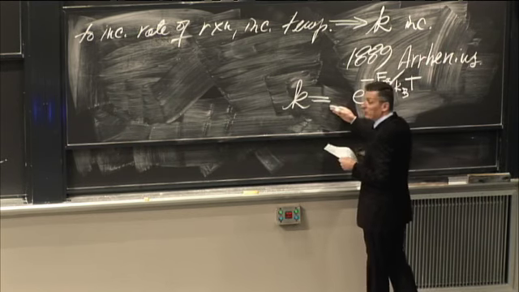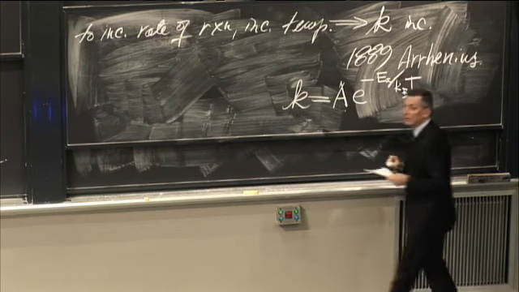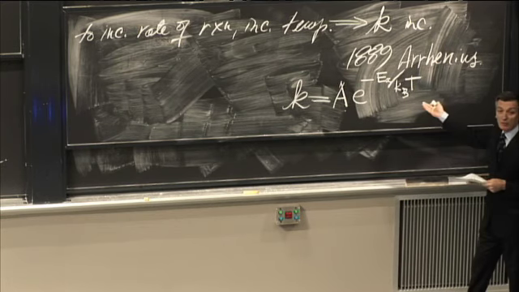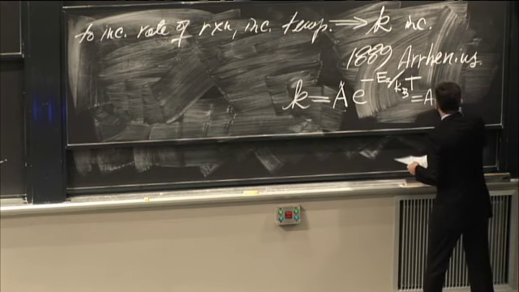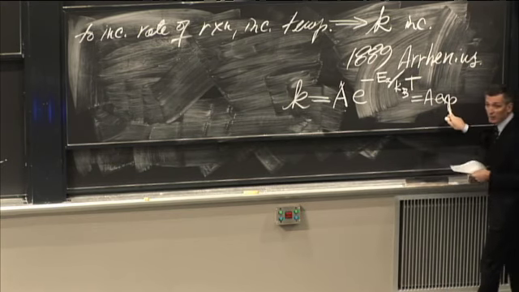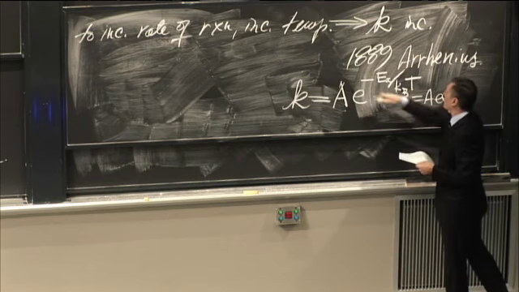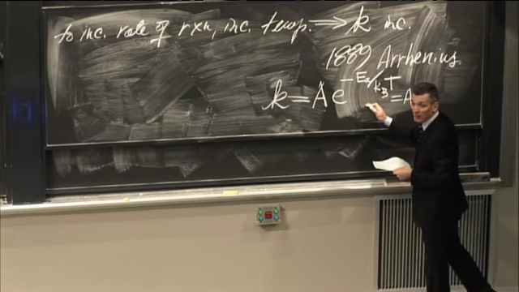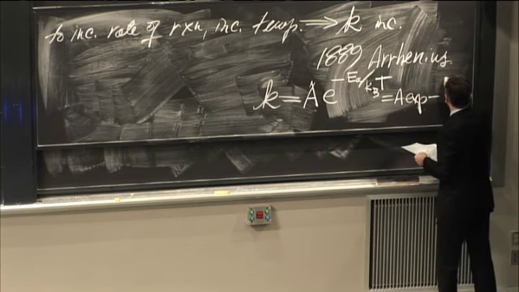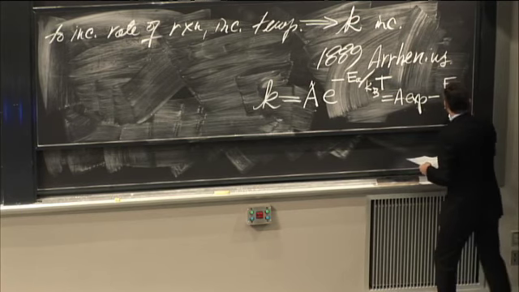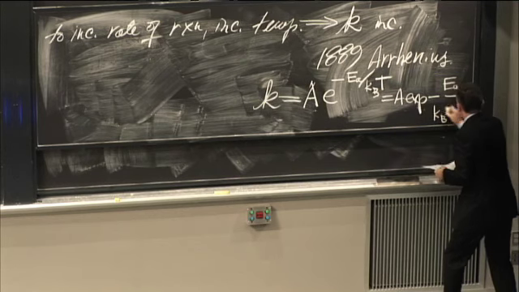And there's a constant of proportionality, which we denote A in honor of Arrhenius. Or another way to write this is A times exponential. Are you familiar with this? Instead of writing e to the something, if there's a messy argument up here, you can write it exp. This is the same as this, minus EA over the product of Boltzmann constant and temperature.